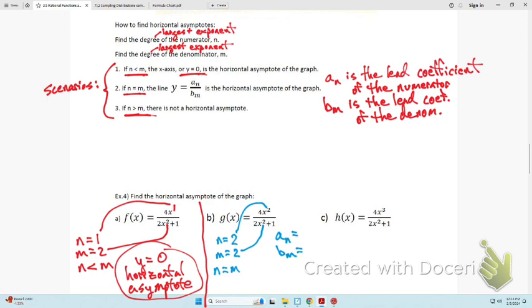So those are the lead coefficients. A sub n is the 4. Another way to say lead coefficient is the front number. And b sub m is 2. That 2 right there. So you put them into a fraction, 4 over 2, and that equals 2. So y equals 2 is the horizontal asymptote.